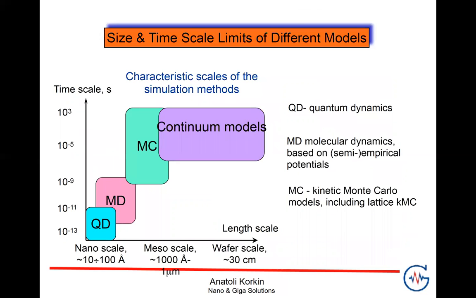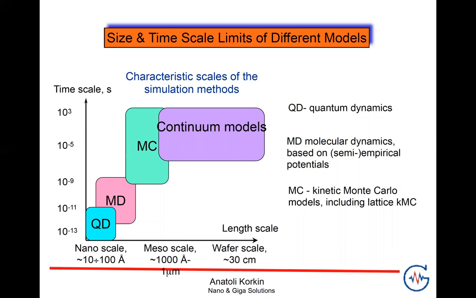So this picture shows the interplay of different methods. Depending on the scale you want to describe, we use different methods with more and more approximation. At the atom level, at the low nanoscale level, you can use quantum mechanics and quantum dynamics.